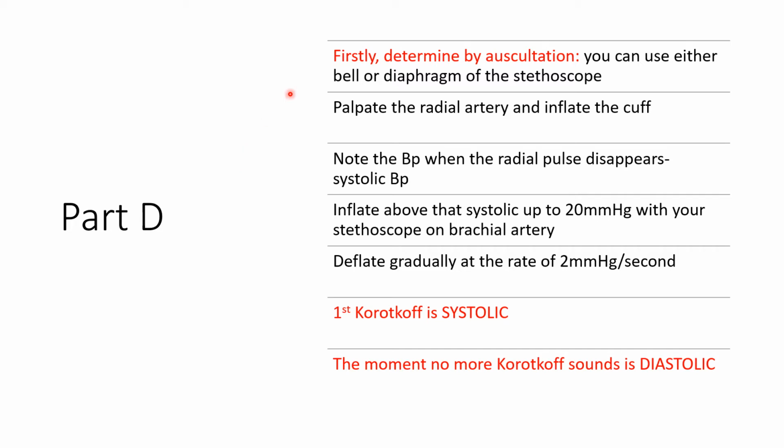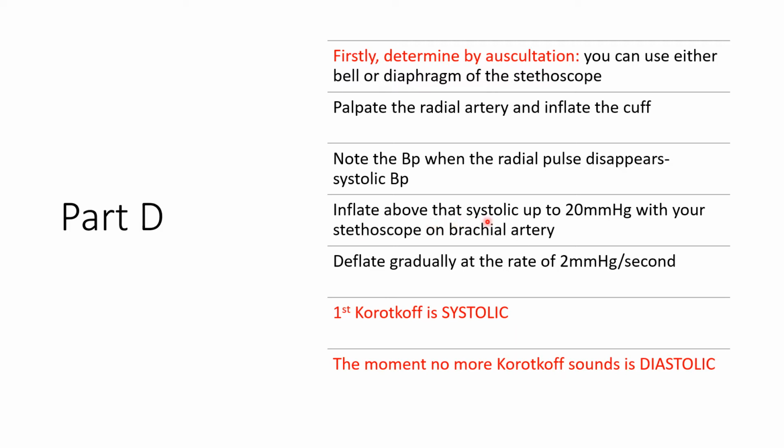Part D is that firstly, let's determine the systolic by palpation. You can use either the bell or the diaphragm of your stethoscope. Palpate the radial artery, and then inflate the cuff. Note the BP when the radial pulse disappears. That is the systolic, by palpation.